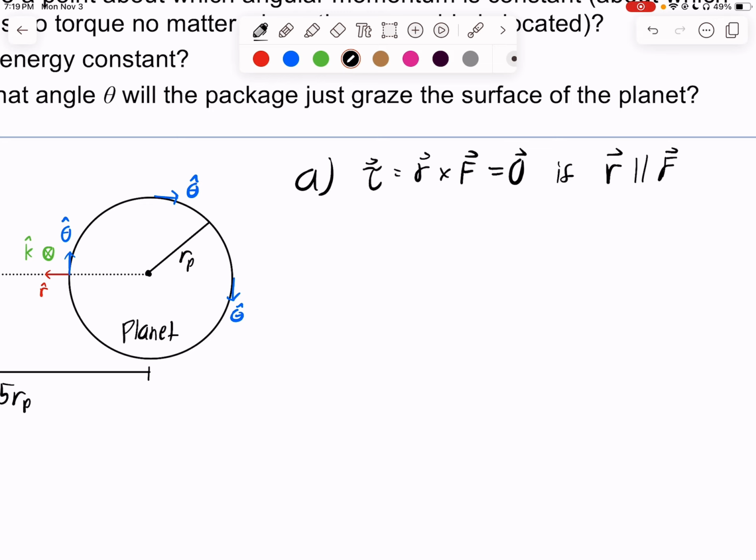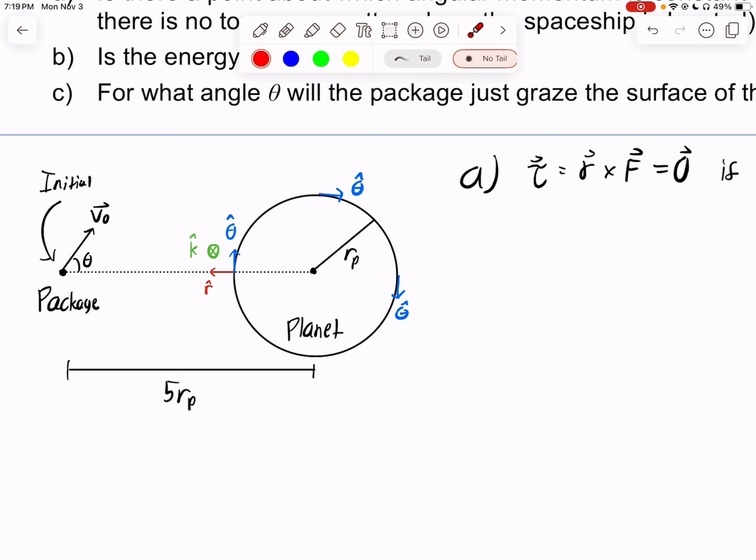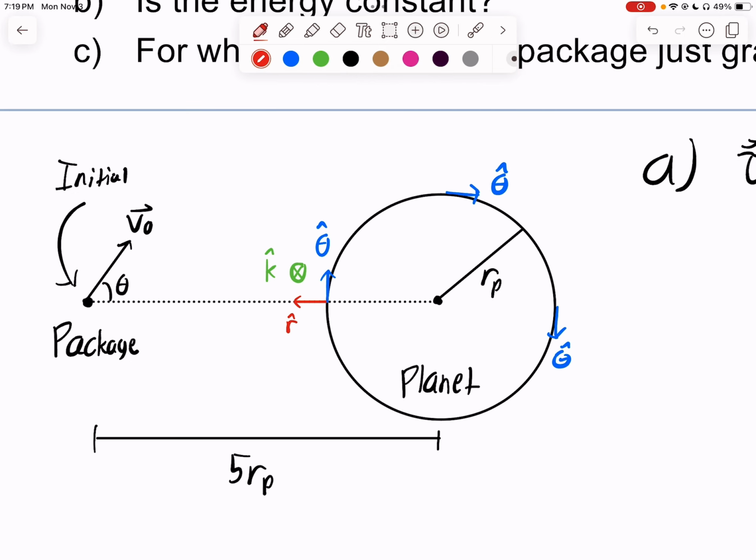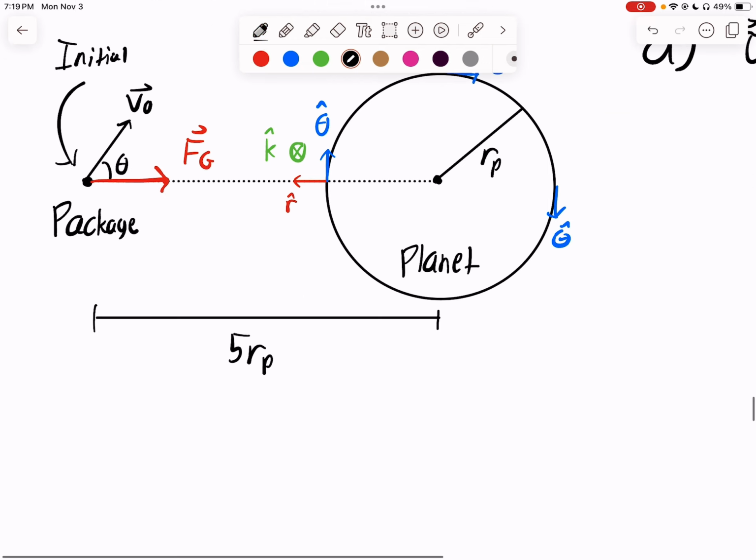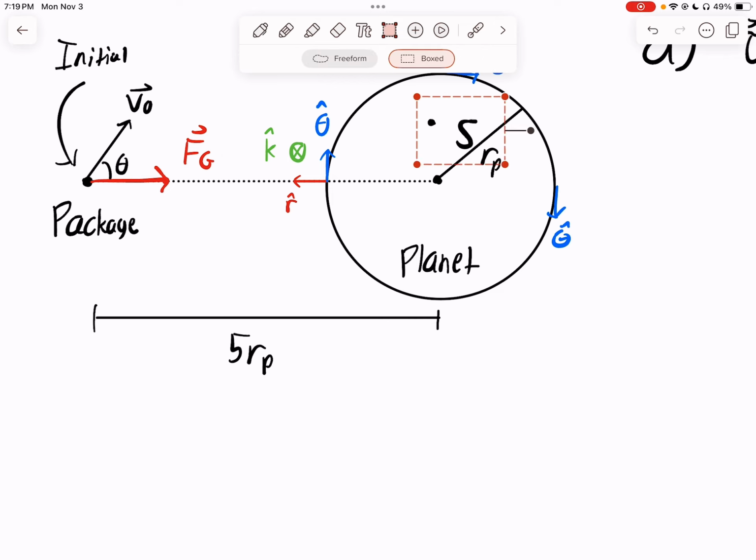So, since we know that gravity, F of G, is the only relevant force acting on the package, we can technically place the pivot anywhere. It can be here, it can be here, it can be here.